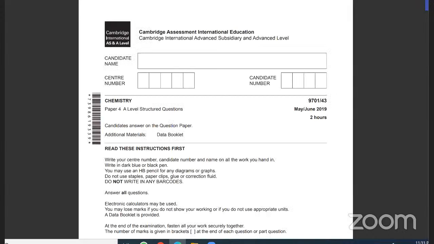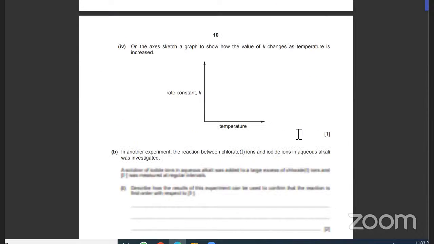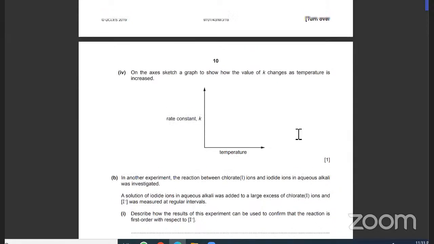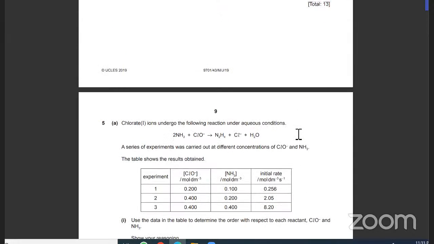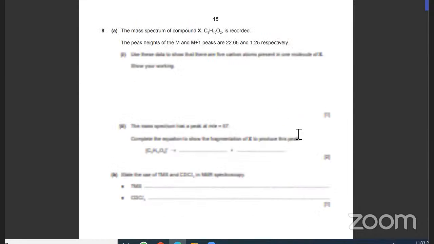So which question? Sir, question number 8. Okay, question number 8. After this I'll explain gas liquid chromatography very quickly as well. Question number 8 first.